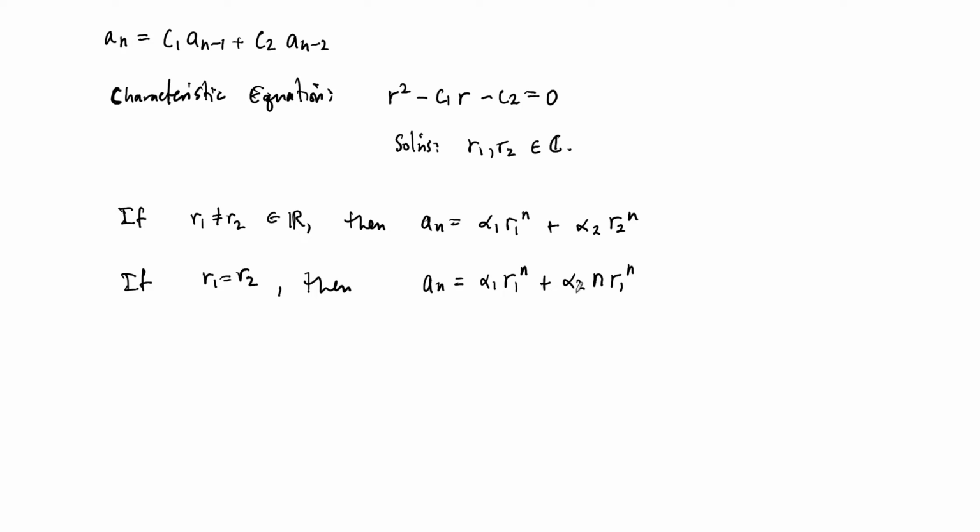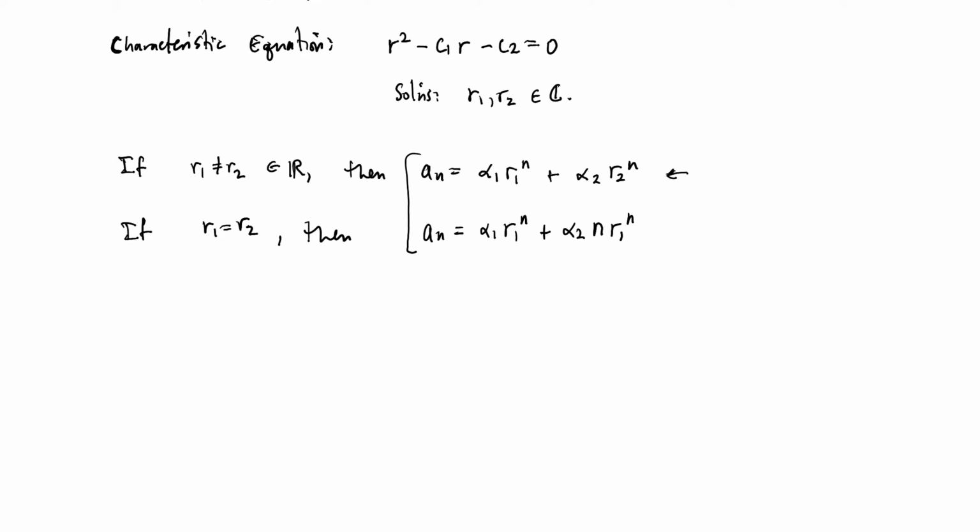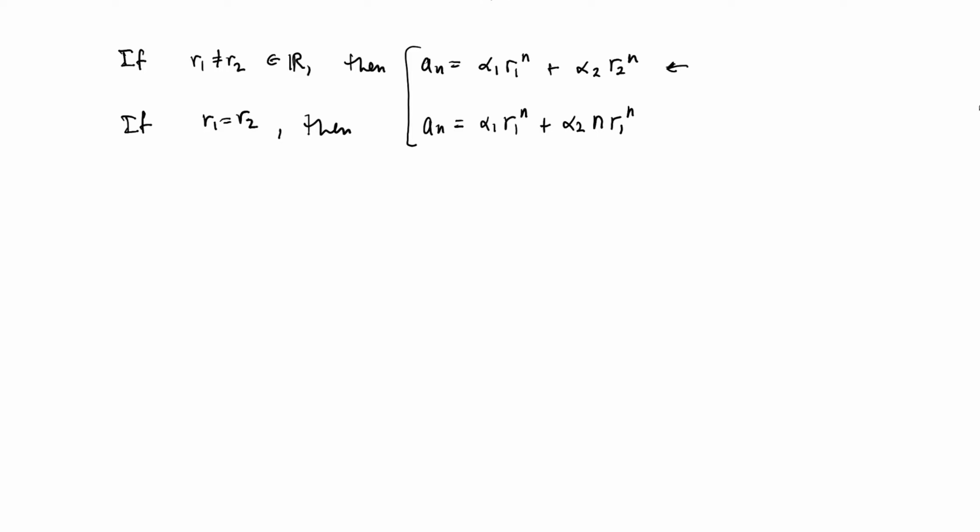So we replace r2 to the power n by n times r1 to the power n. So these are the two solutions that we're going to care about. The complex solutions fit in here too, but there are different ways to describe those. We're not going to work with any complex ones, at least not right now.